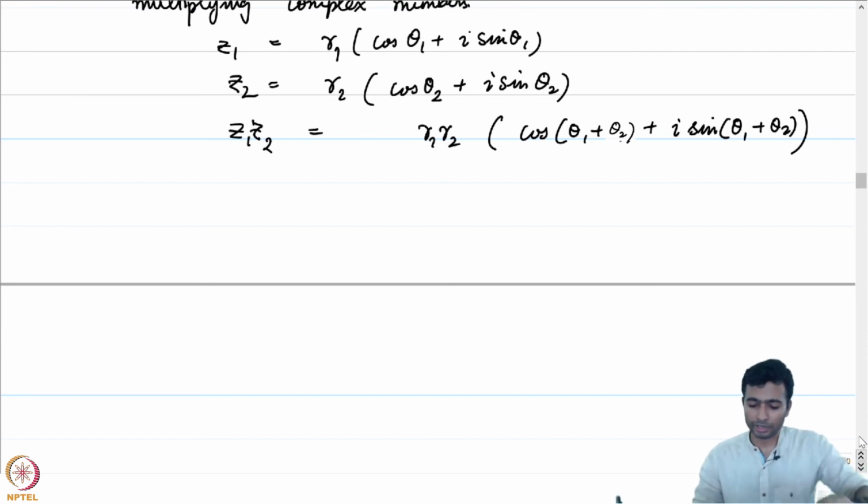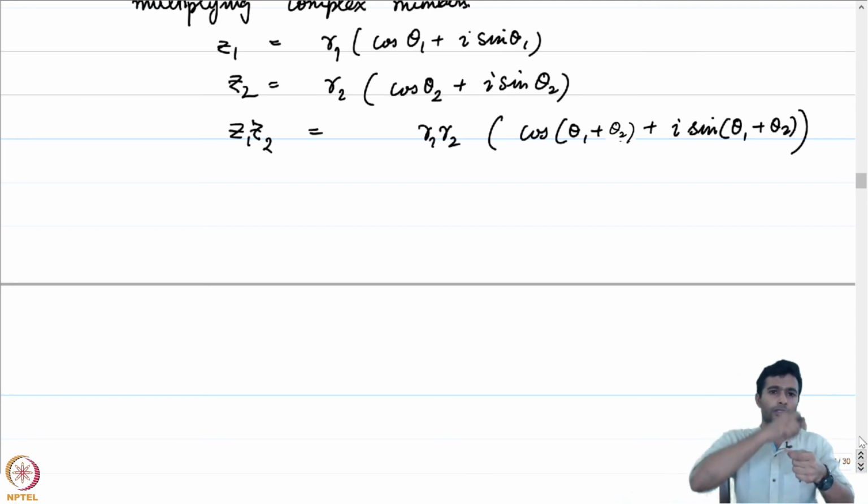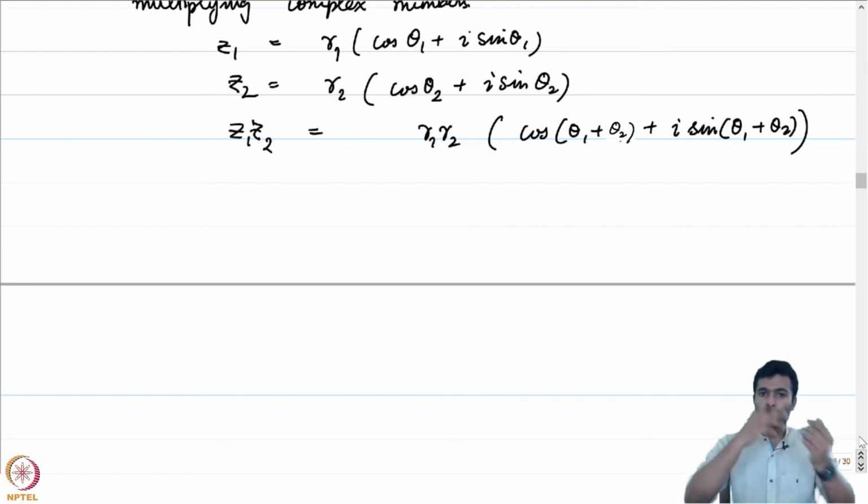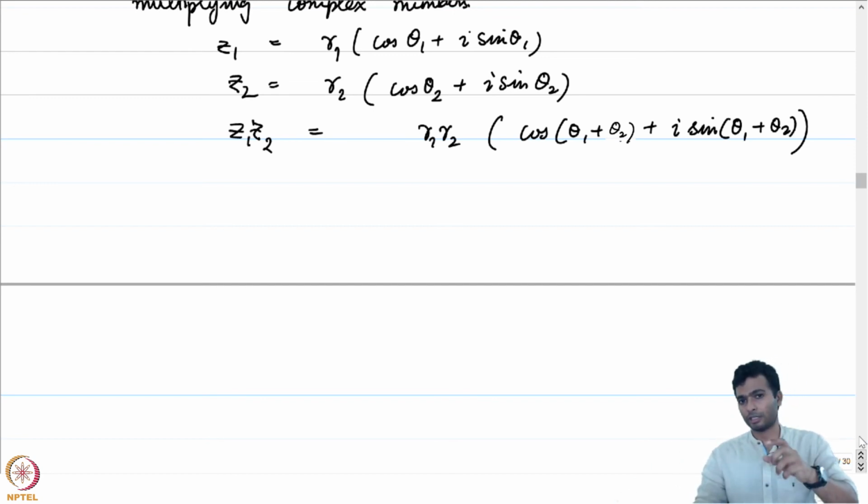The good thing about the isometries of the type f of z is equal to alpha times z is that if you take a loop around the origin which goes in the counterclockwise direction, the image will also be a loop which goes in the counterclockwise direction. And that is what we broadly say by saying that it preserves the orientation. It's an orientation preserving map. The reflection does the opposite.